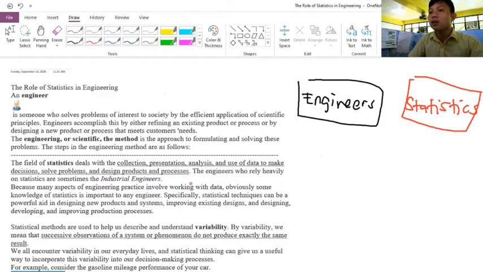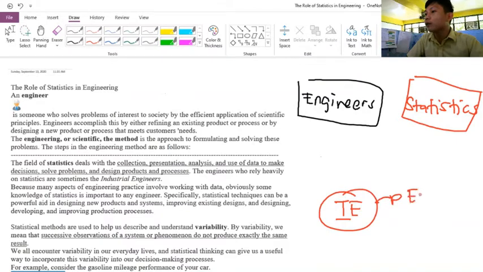Kasi, industrial engineers or IEs are the ones who are designing products, and kasama sa kanila yung tinatawag na ergonomics. Okay?